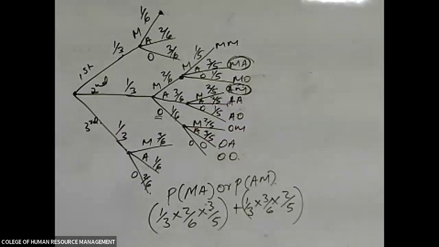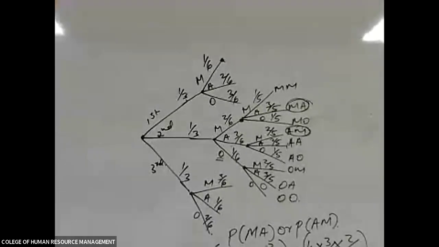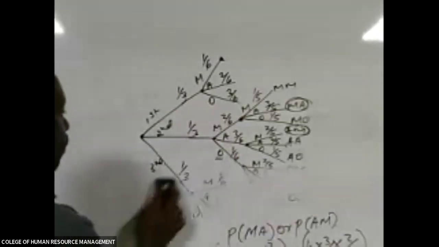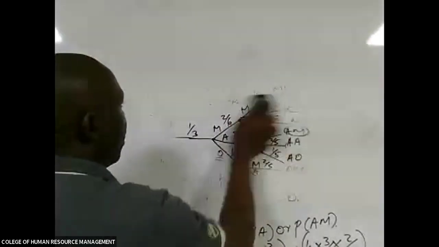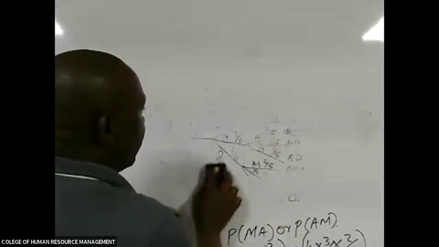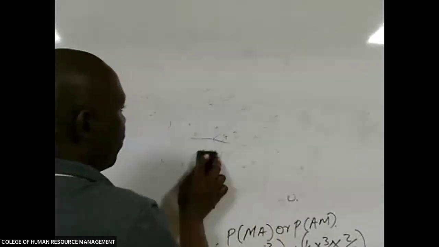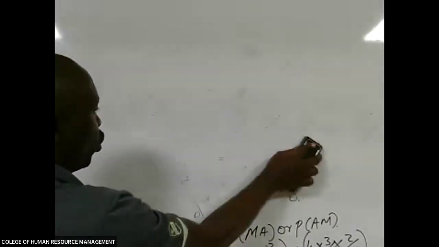I want to spend like 15 minutes so that I can take you through one of the probability distributions that is commonly tested. The topic is probability and probability distribution. There is one very common probability distribution that is normally tested in your exams, and that is the normal distribution.